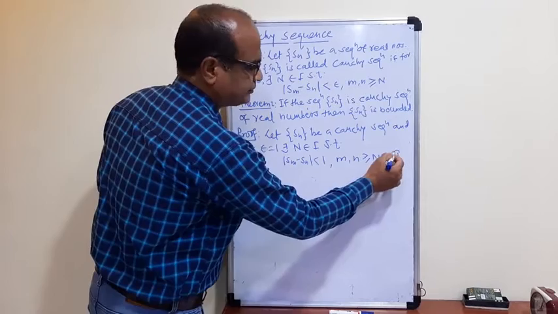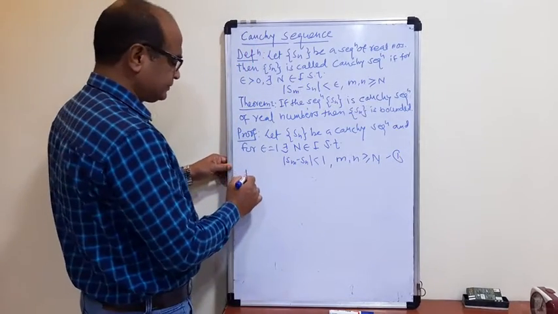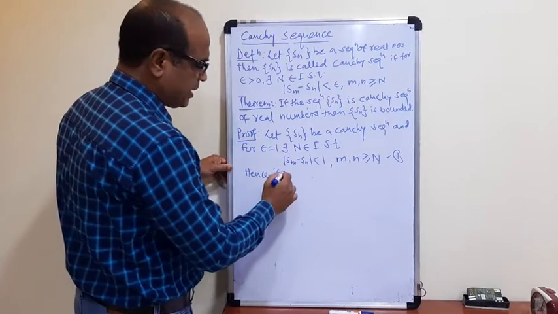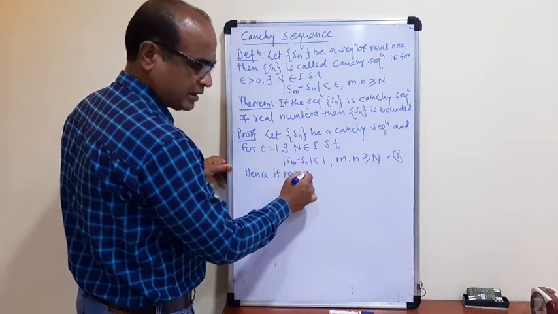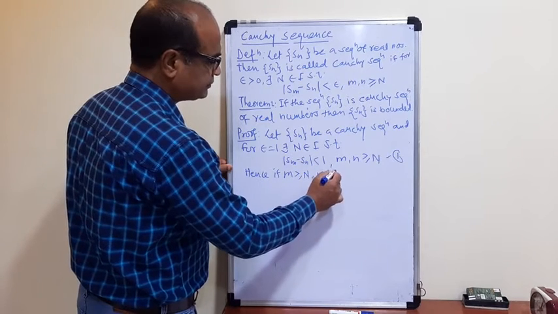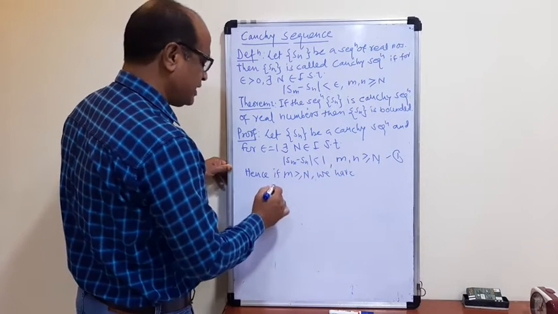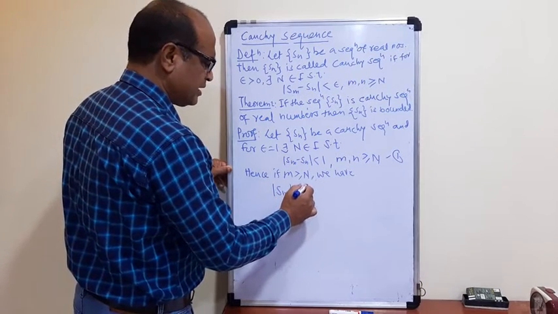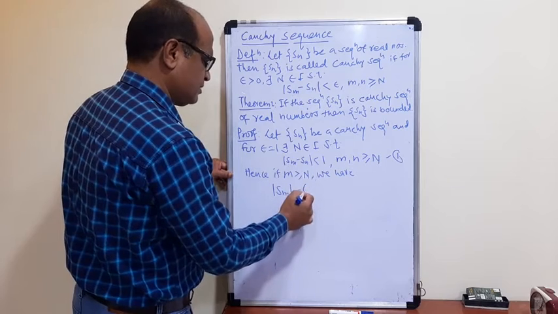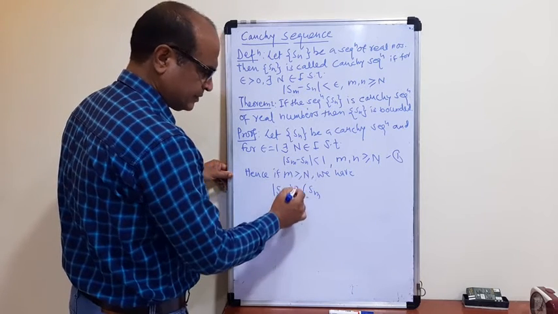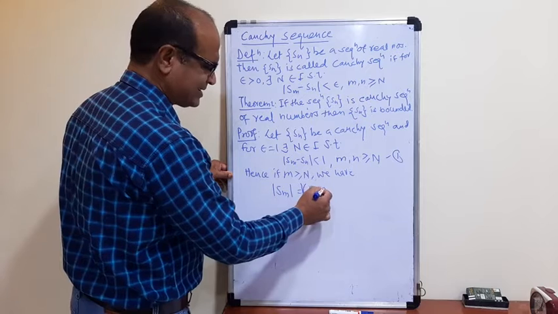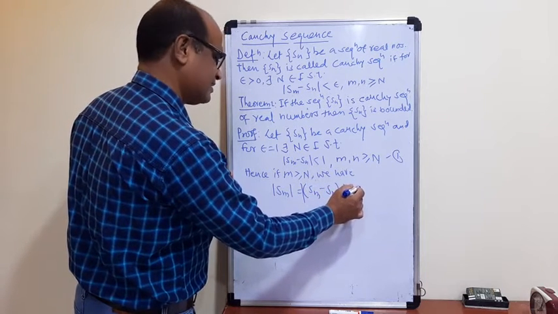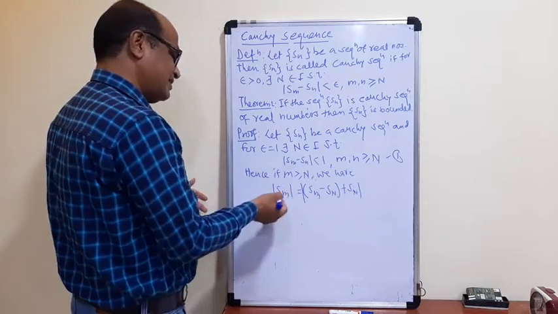Hence, if m is greater than or equal to N, we write mod of Sm. This can be written as Sm minus Sn plus Sn. Sn gets cancelled, remaining Sm only.